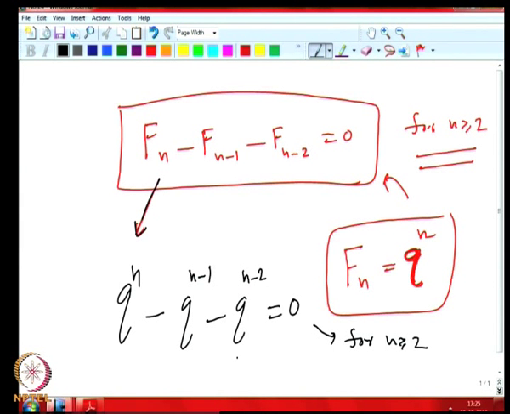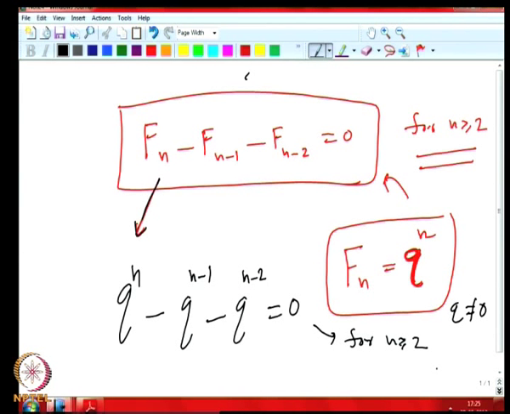Now, assume that q is not 0. If q was equal to 0, the sequence will be 0 0 0 0, right. If you put q equal to 0, for every n we will get f_n equal to 0. We know that is not what we want, because we are trying to find a closed form expression for the Fibonacci sequence, which we know is not all zeros.